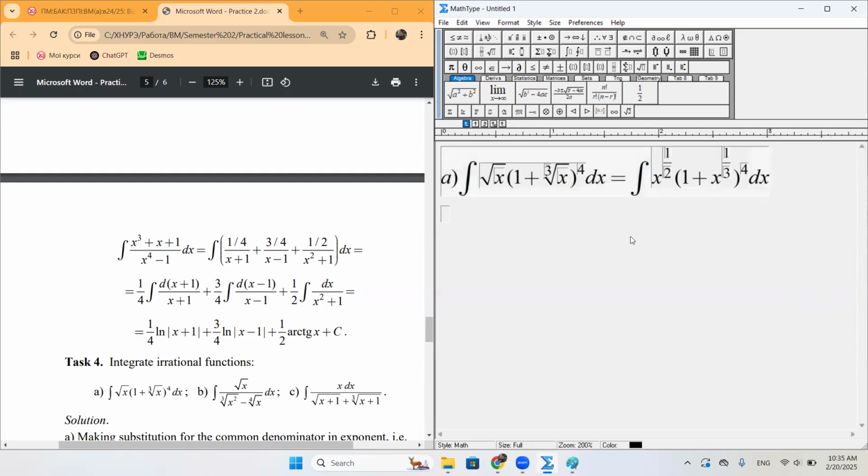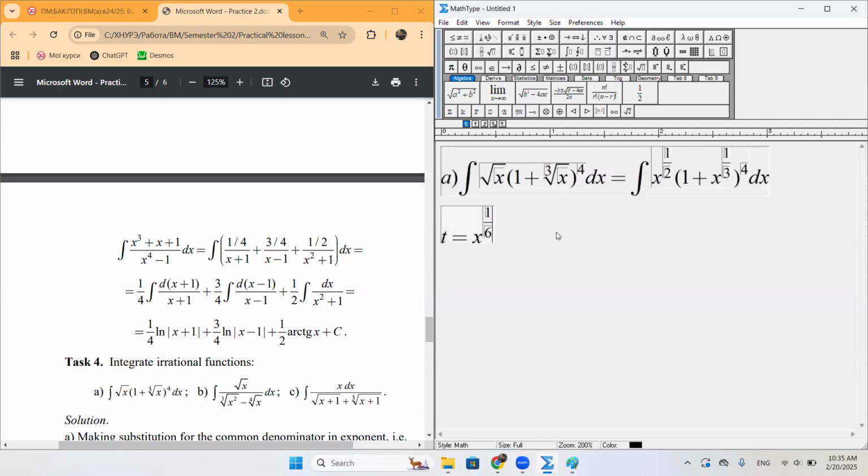So we have such powers, and we need to rationalize this integral. We'll make the following substitution: t equals x in power of 1/6. Why 1/6? Because 6 is the common denominator of such fractions.